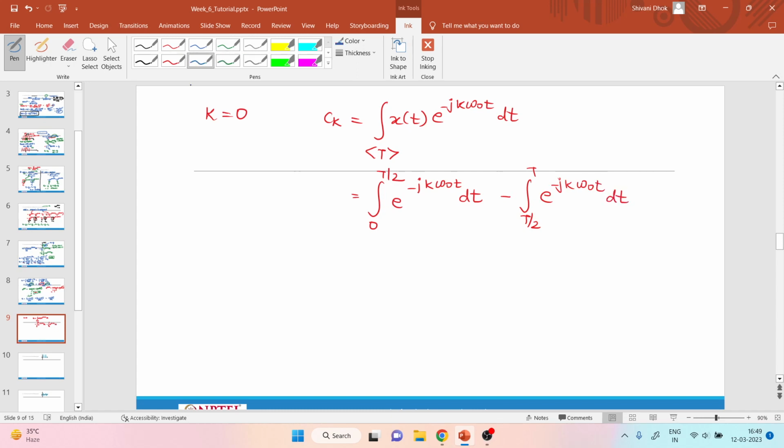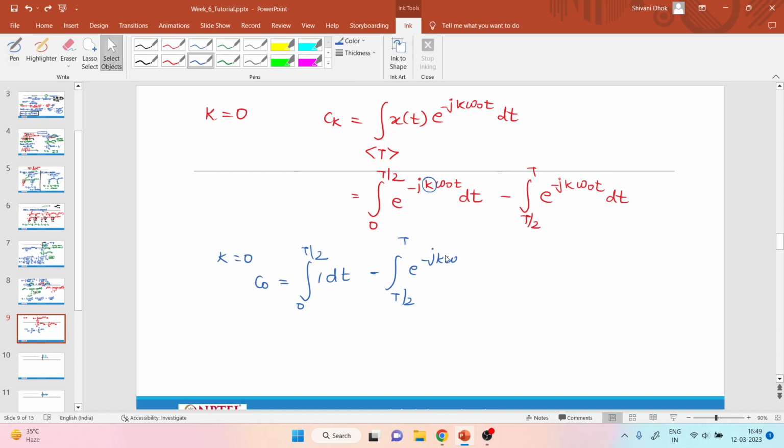Now here we will substitute k is equal to 0, then we have c0 is equal to the integral from 0 to T by 2. Here we substitute k as 0, so this goes to 1 dt, minus the integration from T by 2 to T of e power minus j k omega naught t.